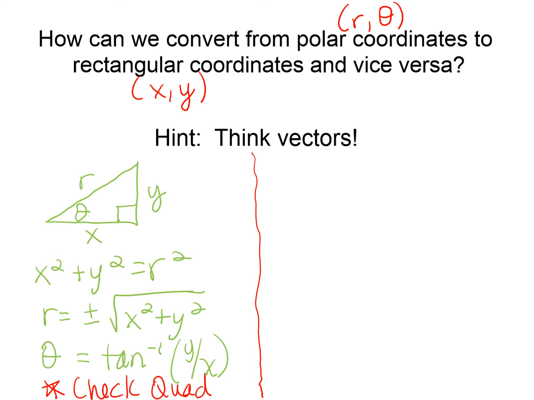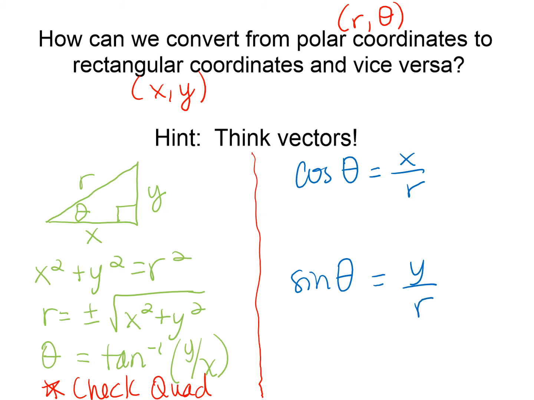And then if you use that same picture, we know that the cosine of theta is equal to x over r, and we know that the sine of theta is equal to y over r. And then if we multiply both sides by r, we will get x equals r cosine theta and y equals r sine theta.